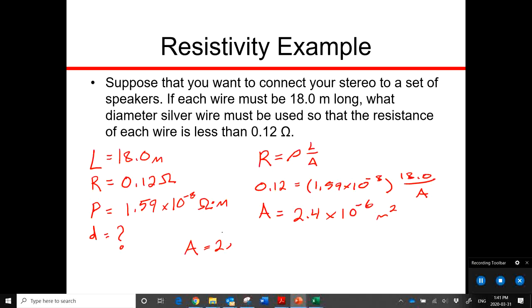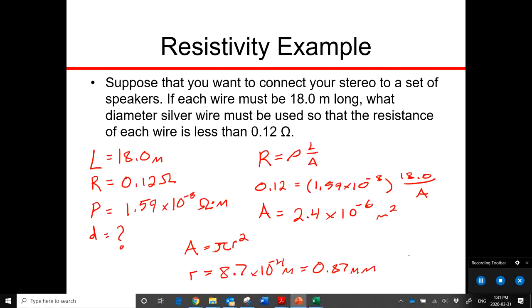I was about to do the circumference. The area will be equal to pi r squared. Okay, we can rearrange this to solve for r, and plug in our area, so the area divided by pi and then the square root, and we will end up with a radius of 8.7 times 10 to the negative 4 meters, or more conveniently 0.87 millimeters.